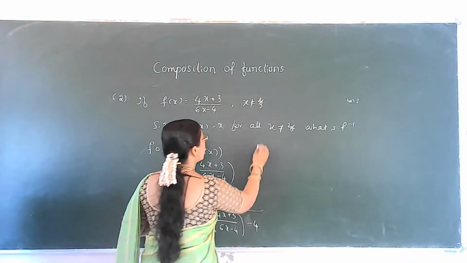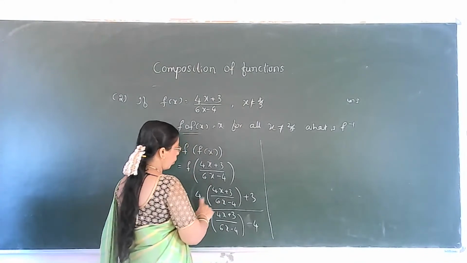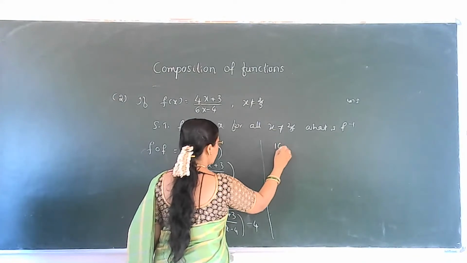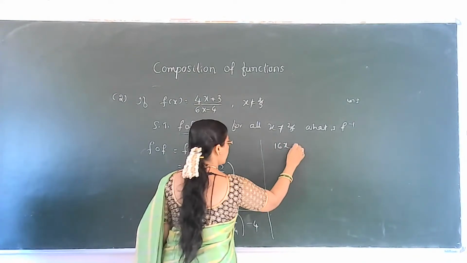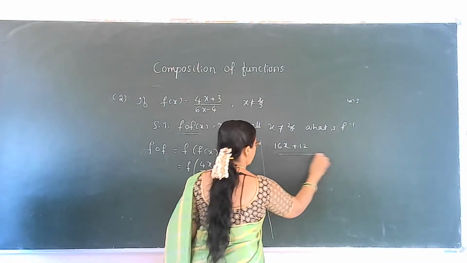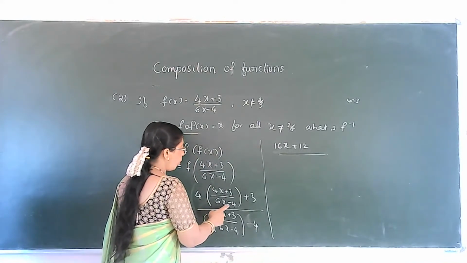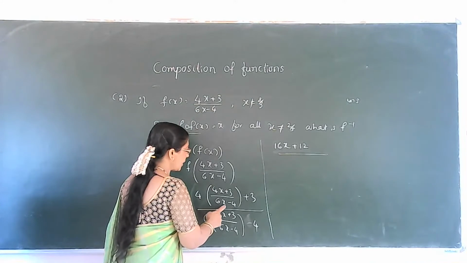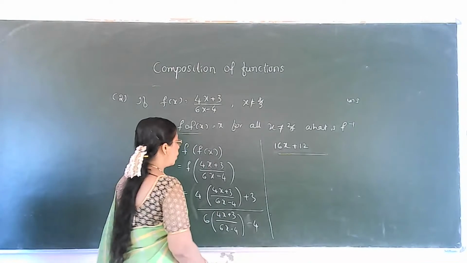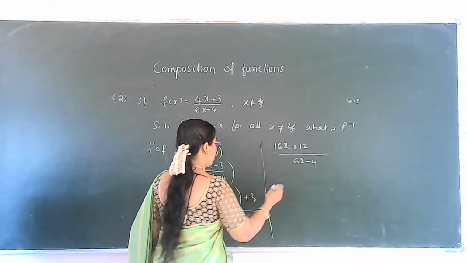We simplify this. Multiply 4 into 4x plus 3: 4 into 4, 16x plus 12, divided by 6x minus 4. We multiply 6x minus 4 into 3 so that the denominator is the same, 6x minus 4.